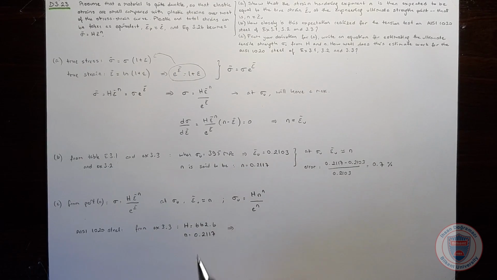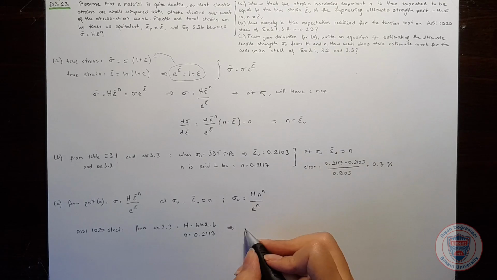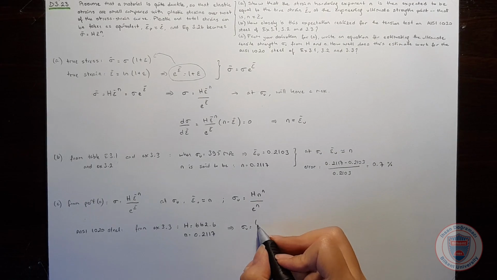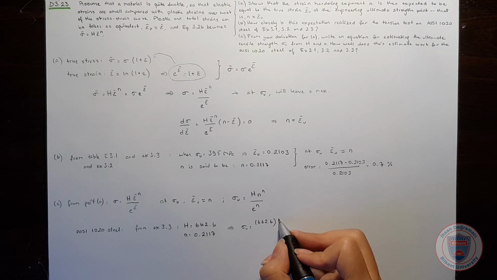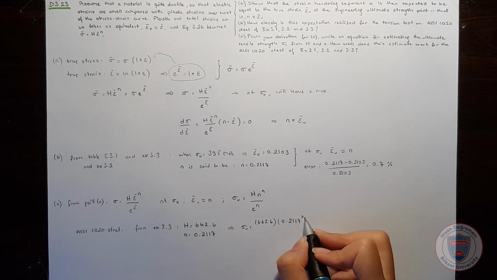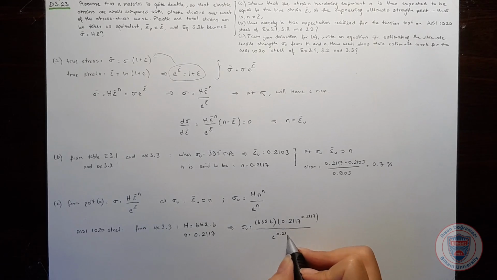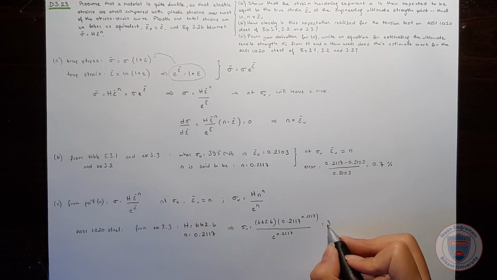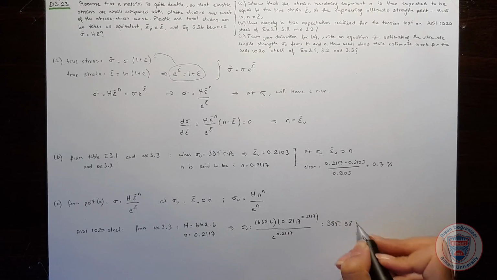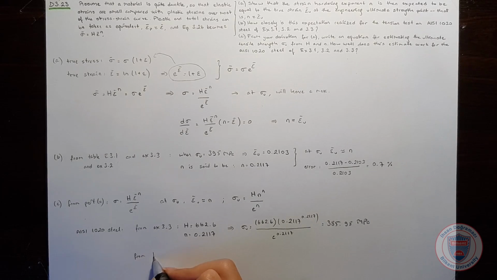So when we substitute these values into the equation we found, we will see that sigma u is equal to 385.98 MPa. And from table E3.1, we can obtain the ultimate strength value as 395 MPa.